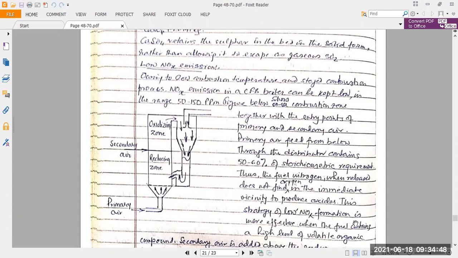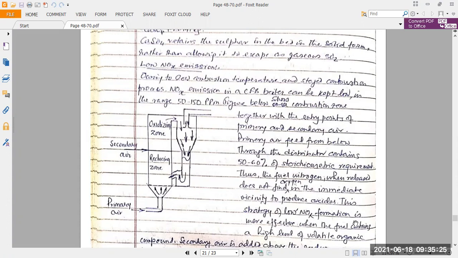The primary air feed system is fed from below through the distributor, which contains 50 to 60% of the stoichiometric requirement. Thus, fuel nitrogen, when released, does not find oxygen in the immediate vicinity to produce oxides.